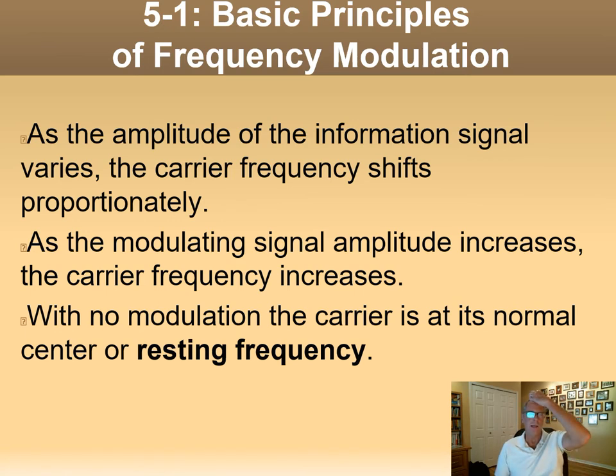Okay? So as the modulation goes above and below zero, you get this breathing, if you will, a modulation of the resting frequency, which is basically the carrier frequency. That's the frequency you tune to on your FM dial. So if you tune to 103 megahertz on your FM dial, that's the resting frequency.